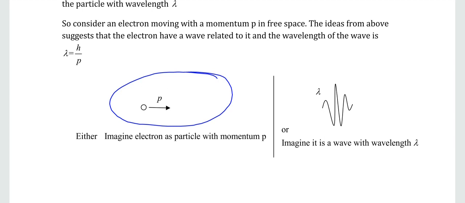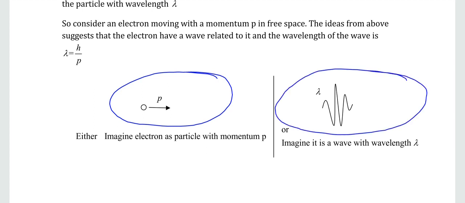And the moment you try to think of its wave nature, just forget the particle there and imagine a wave moving forward, a wave of wavelength lambda in place of the particle. This is how you imagine.